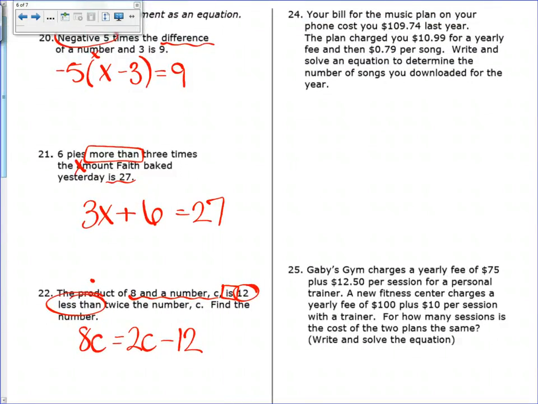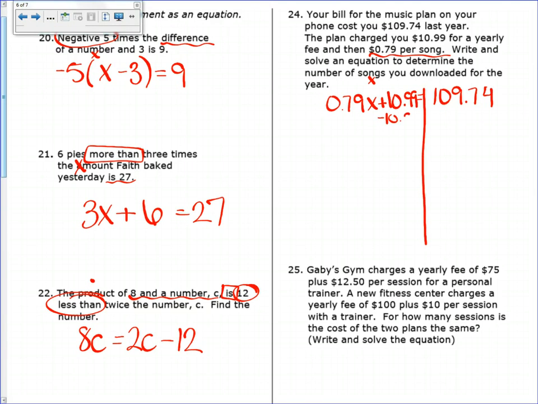24. Your bill for the music playing on your phone costs you $109.74 last year. The plan charged you $10.99 for a yearly fee and then 79 cents per song. Write and solve an equation to determine the number of songs you downloaded. So again, the total is going to go after the equal sign. 79 cents per song, and since we're looking for the number of songs, it's going to be 0.79x plus the yearly fee of $10.99.